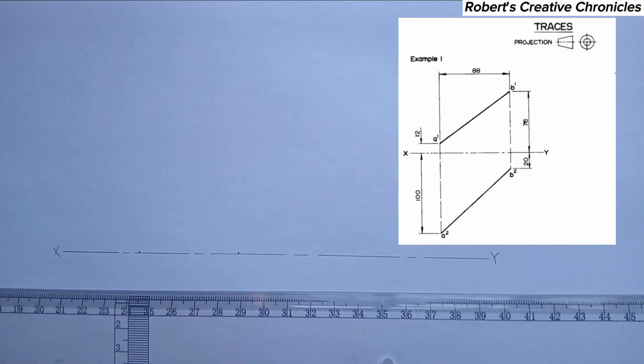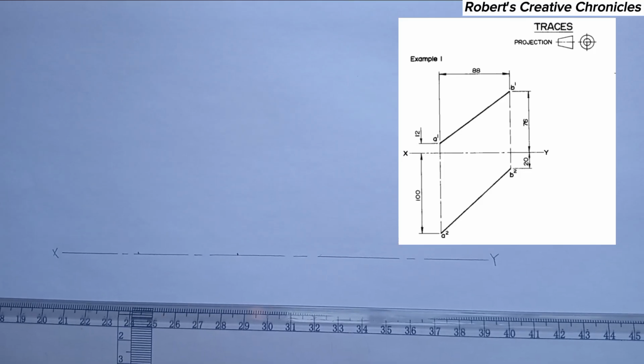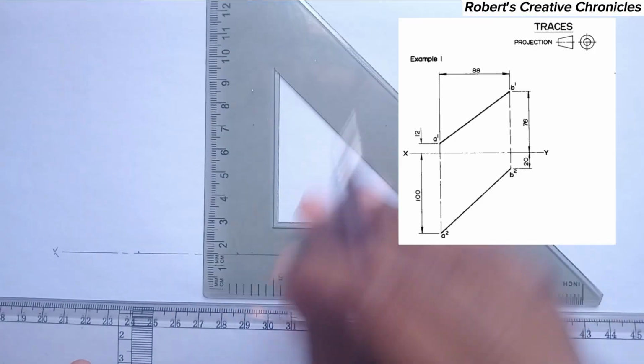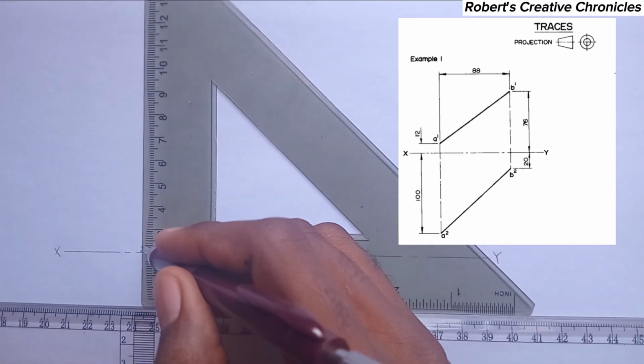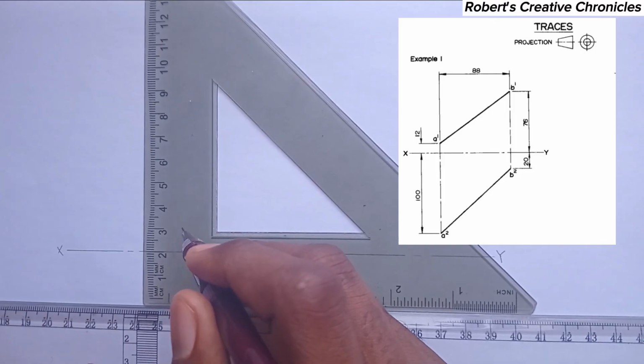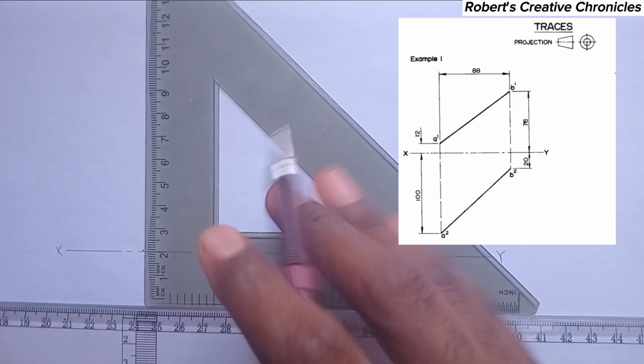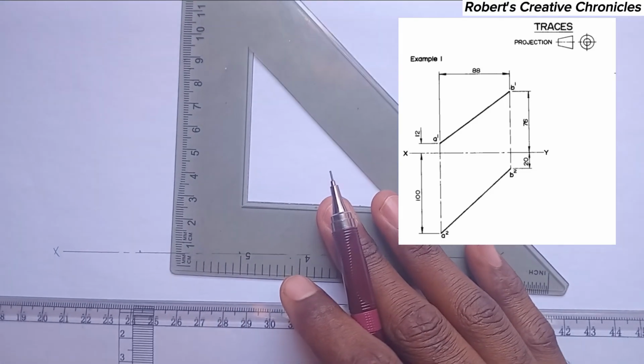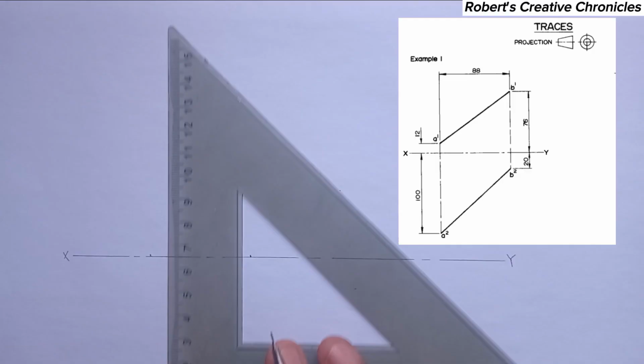Then the distance from here should be 12. But since it's half full scale, it's 6. So we're going to measure 6 here. But first let's draw a vertical line.